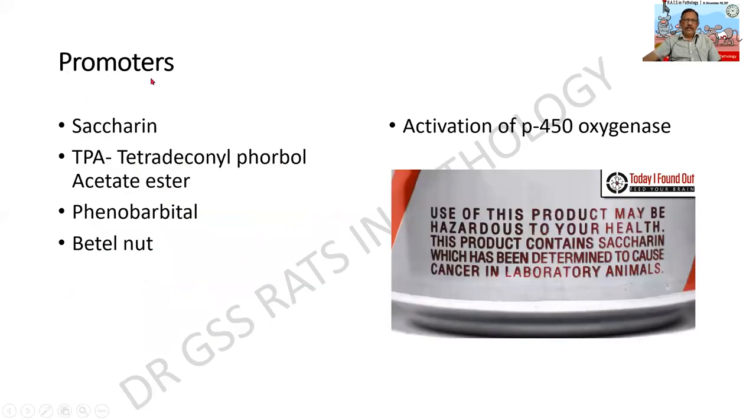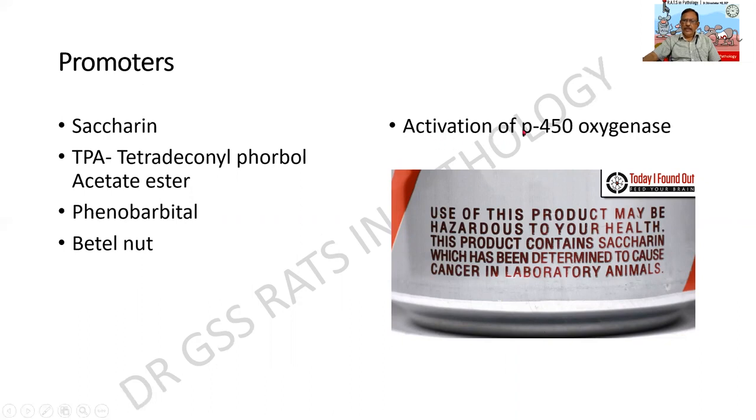Promoters. Promoters are substances. We had earlier seen the initiators. These are some substances such as saccharin, TPA, tetradecanoyl phorbol acetate ester, phenobarbital, and betel nut. These are all some of the promoters. So these, when subsequently applied, can lead to a malignant transformation.